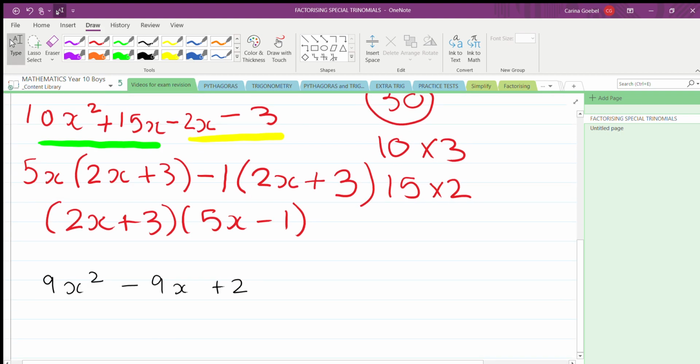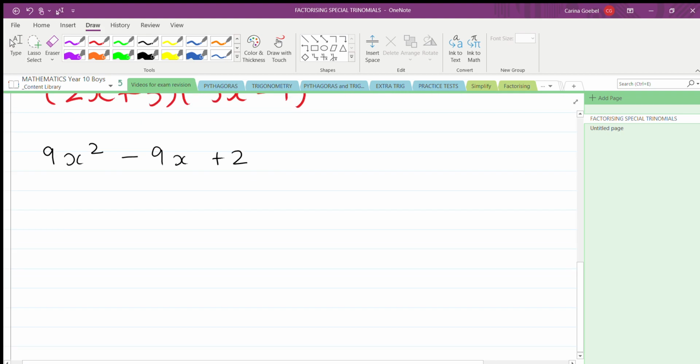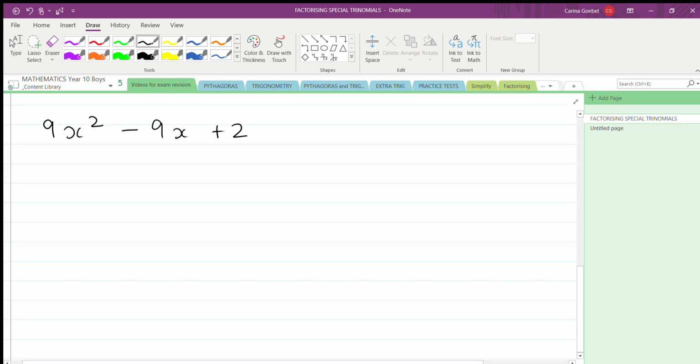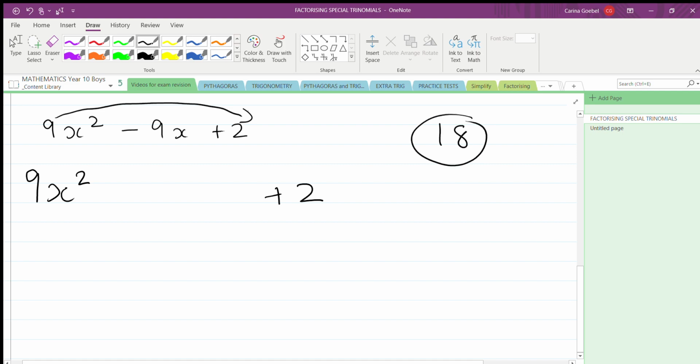Last example. Again, special trinomial as 9 can be divisible by 9, but not by 2. Okay, so write down your first term, write down your last term. Multiply 9 by 2, which gives you 18.